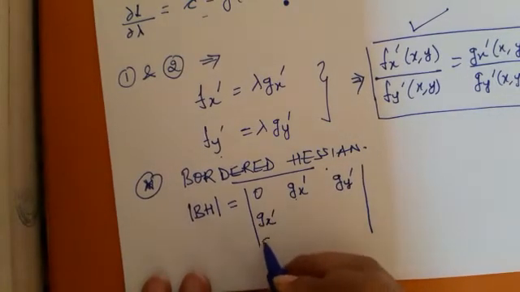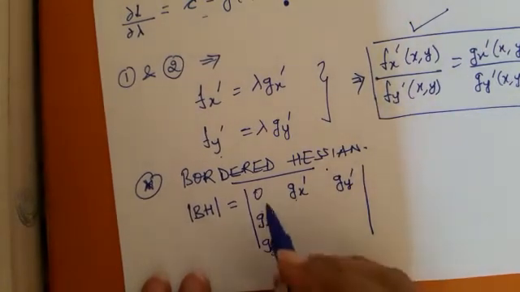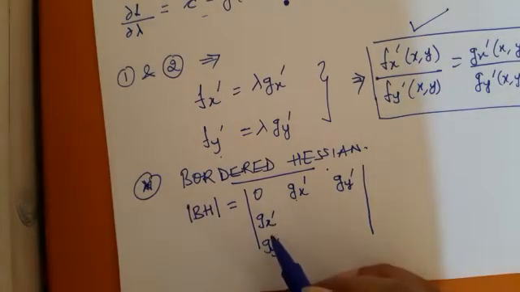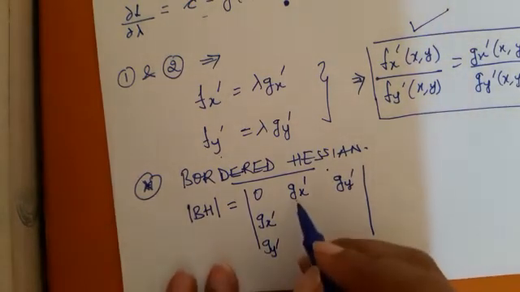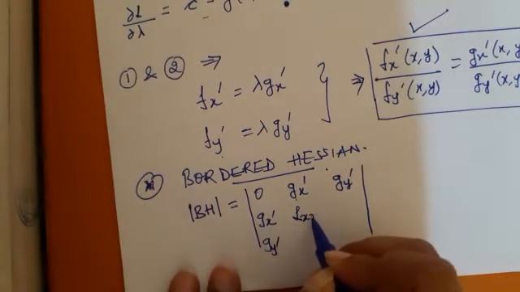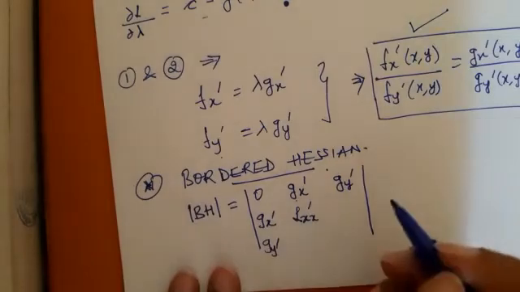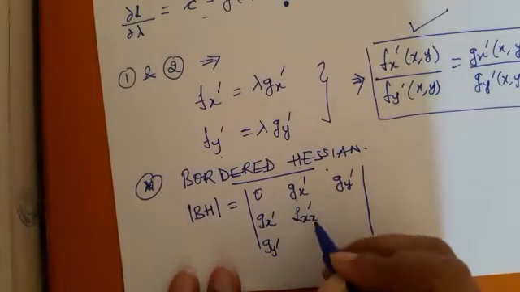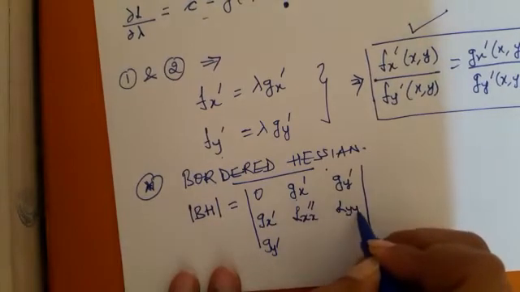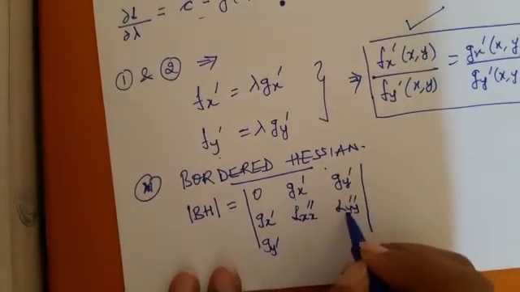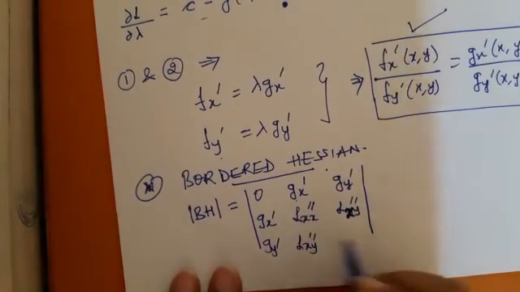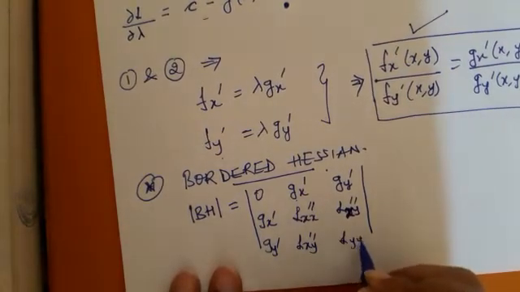And now you see why we call it a bordered Hessian, because it is bordered by 0, g sub x, g sub y acting like a border, and in the center you'll have the regular Hessian kind of determinant, the terms L sub xx, L sub yy, L sub xy, L sub xy, L sub yy.